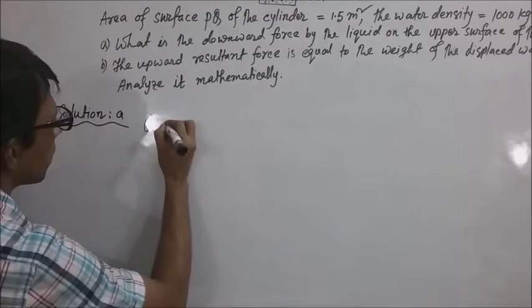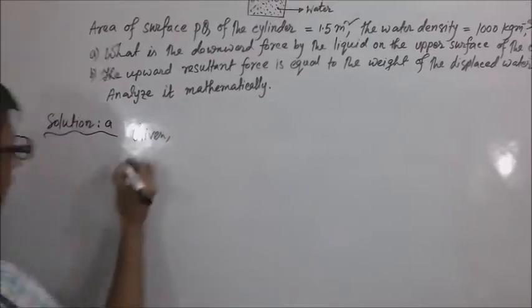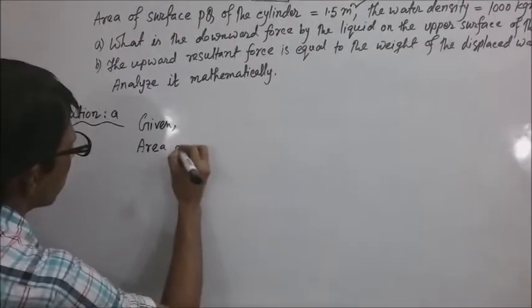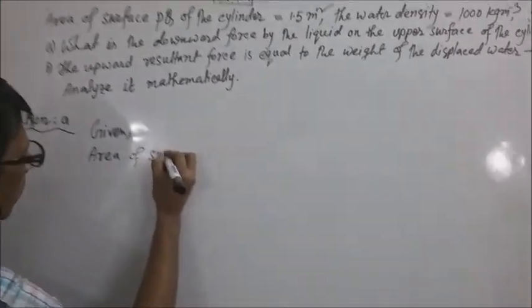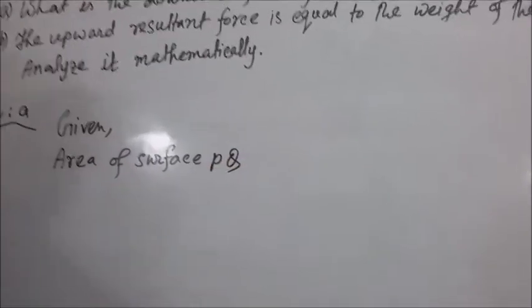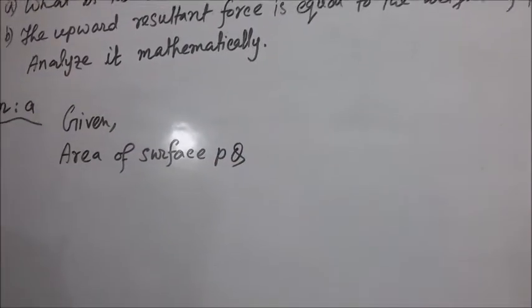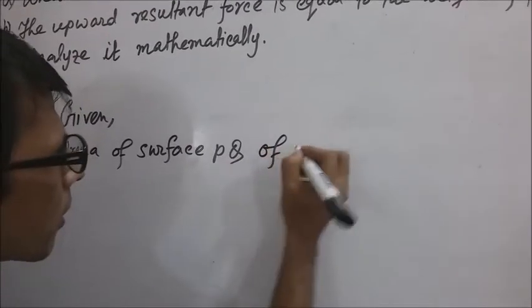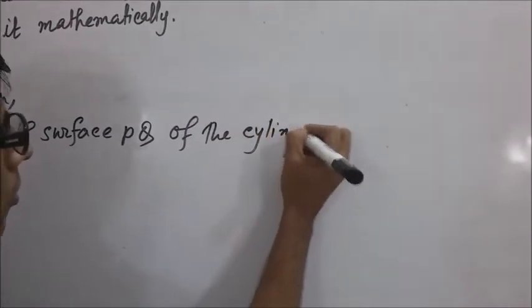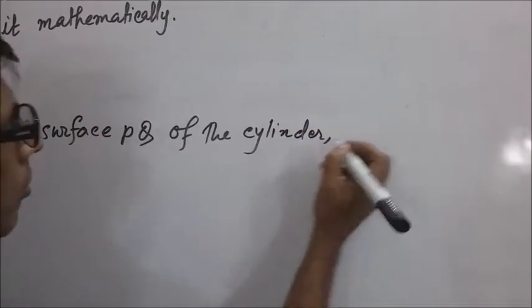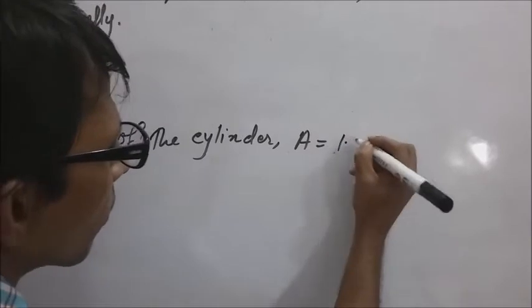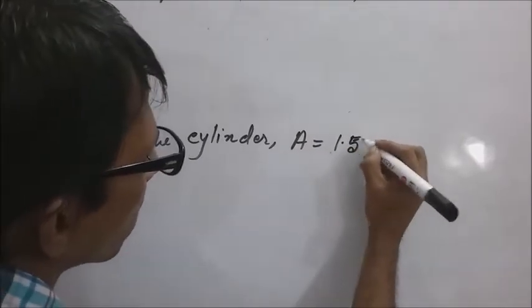Given: area of surface PQ of the cylinder, A equal to 1.5 meter square.